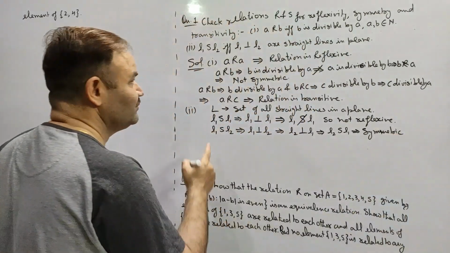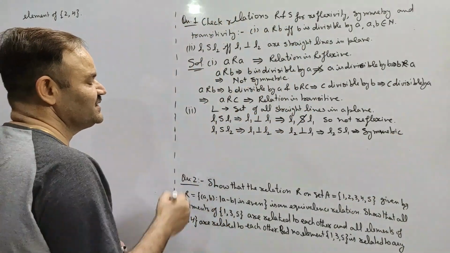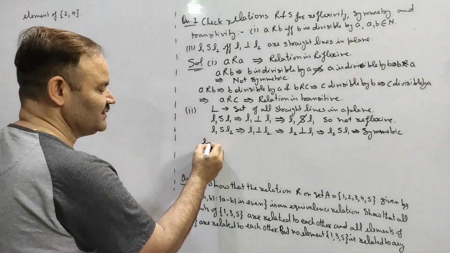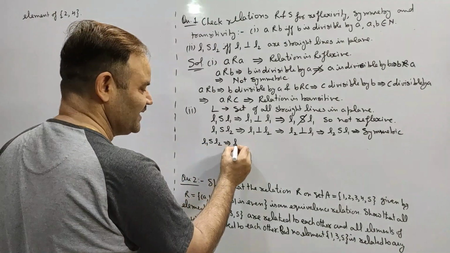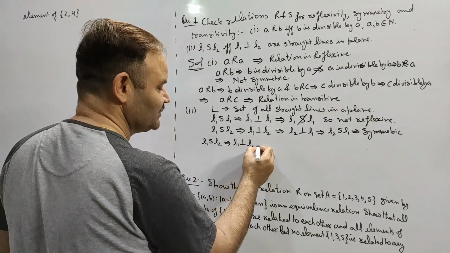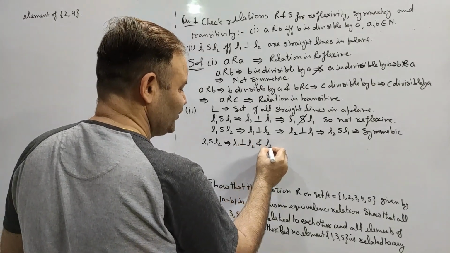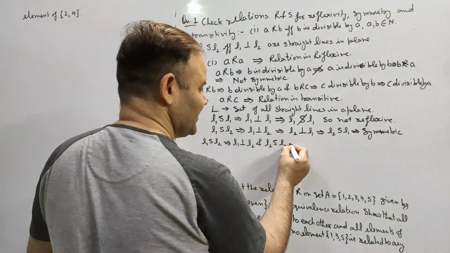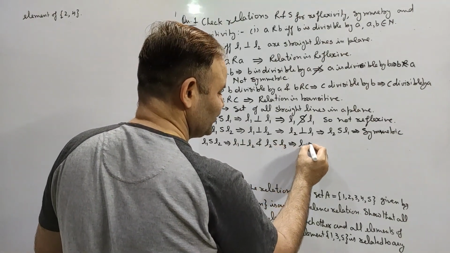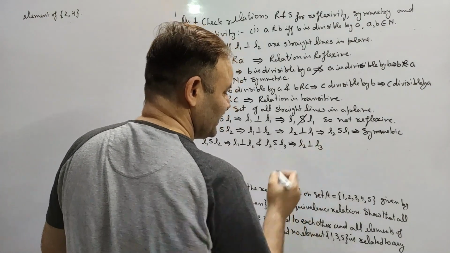Now we come to the third, transitivity. L1 related to L2 by relation S implies L1 is perpendicular to L2, and L2 related to L3 by relation S implies L2 is perpendicular to L3.